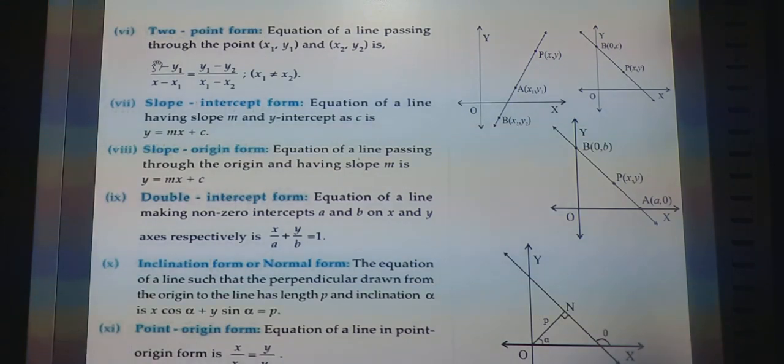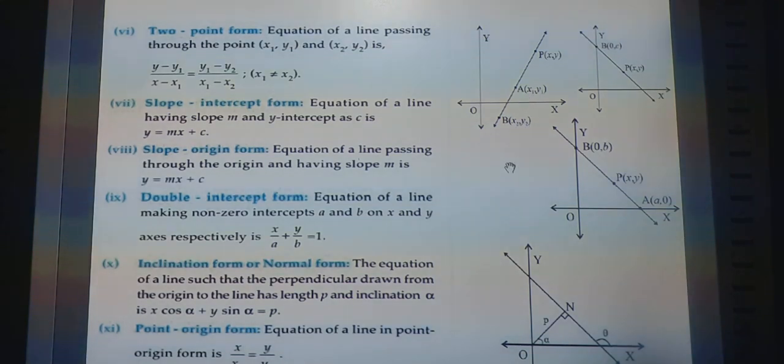Then the two-point form. So the name itself suggests that the line contains two points. The equation of a line passing through the points (x1, y1) and (x2, y2) is given as follows. So here we consider this first diagram. On that we consider two points, capital A and capital B. Coordinate of point A is (x1, y1), coordinate of point B is (x2, y2).